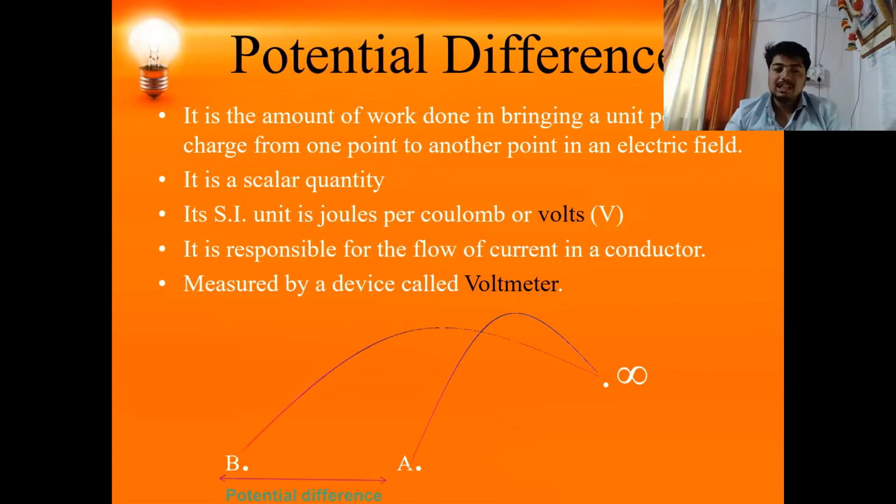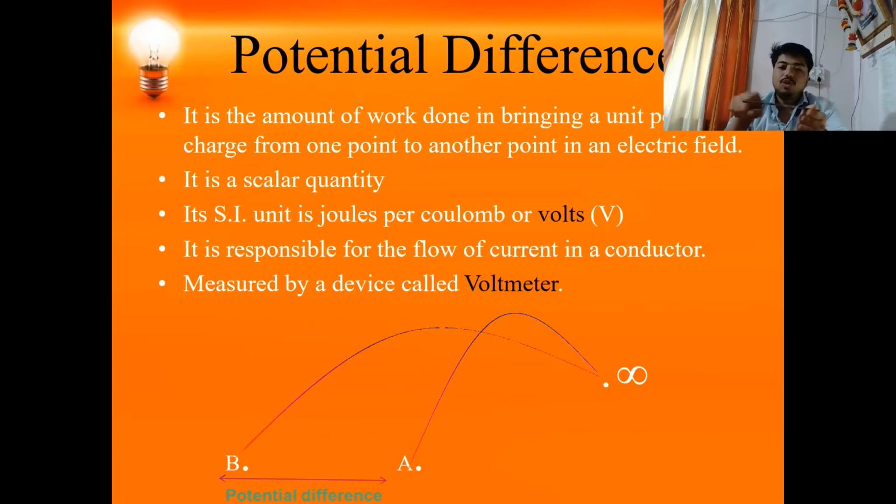How this is responsible for the flow of current, I explained earlier. Let's again take the example of this metal conductor. I plug my battery, positive terminal here and negative terminal here. Plugging the connector means I am giving a certain voltage, that is, the voltage here is net positive and the voltage here is net negative.